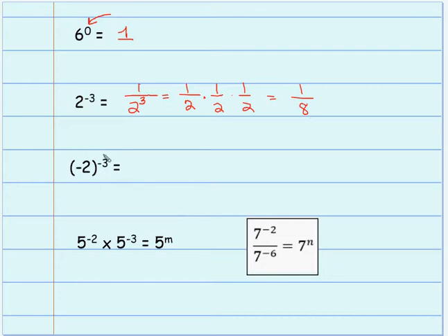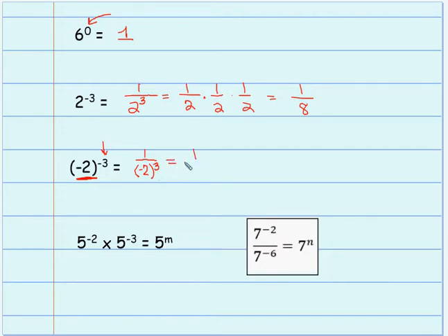Okay, in this example, the negative 2 is your base. So we're still going to notice that we have a negative exponent, so we're going to write this as 1 over, we're going to leave those parentheses there, 1 over negative 2 to the 3rd power.